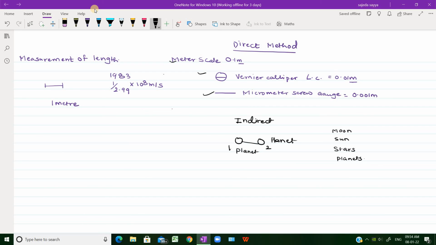We don't go to these places directly. We take the help of trigonometry or geometry to measure these distances, because these distances are very large, and we measure them in terms of astronomical units.